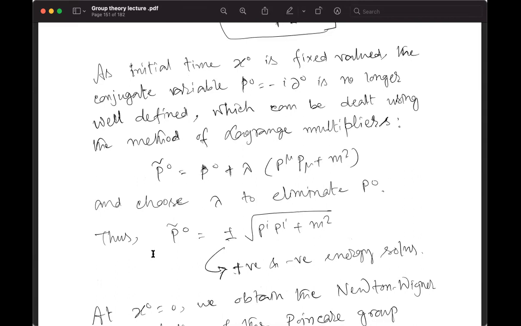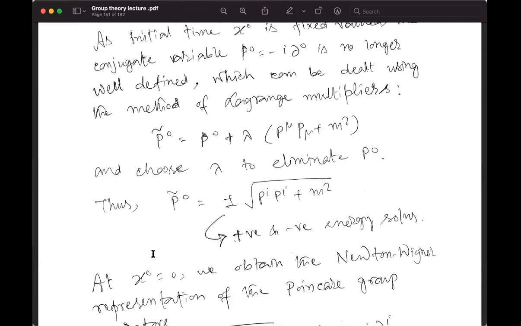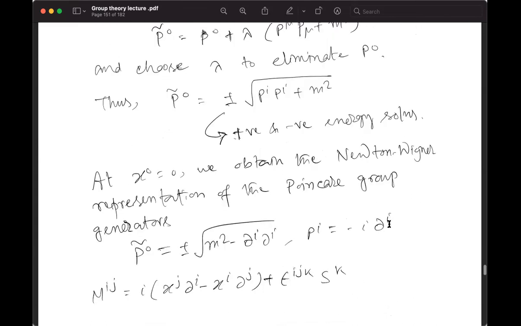If you do that, you find that P̃⁰ equals plus or minus the square root of Pⁱ² + m², and these are the positive and negative solutions. Now at x⁰ equal to 0, we obtain the Newton-Wigner representation of the Poincaré generators, which are basically P̃⁰ equal to plus or minus the square root of m² − ∂ᵢ∂ᵢ, with Pᵢ equal to −i∂ᵢ.